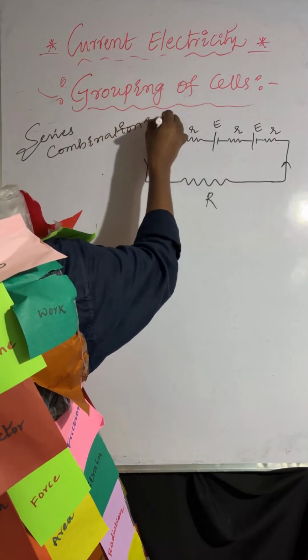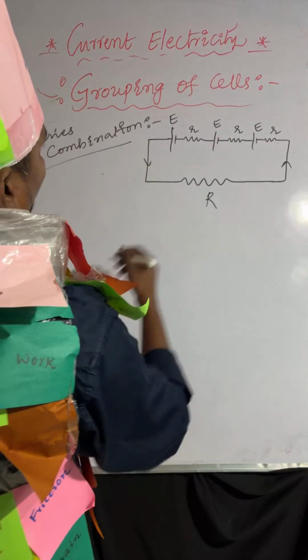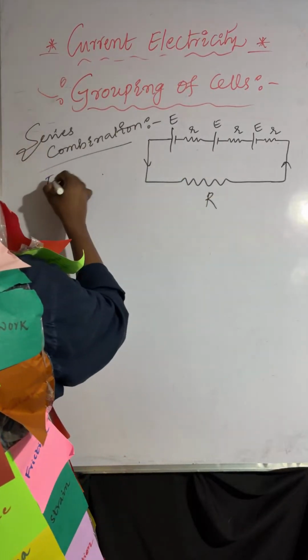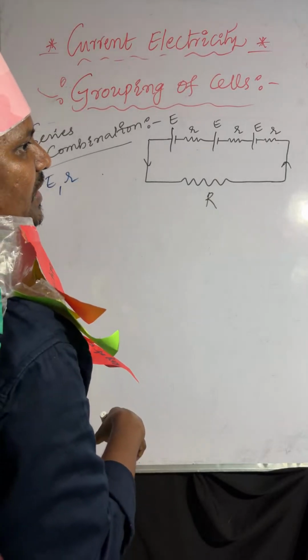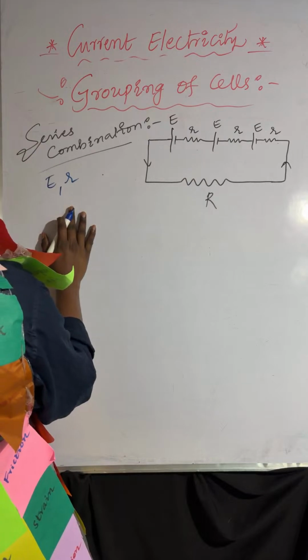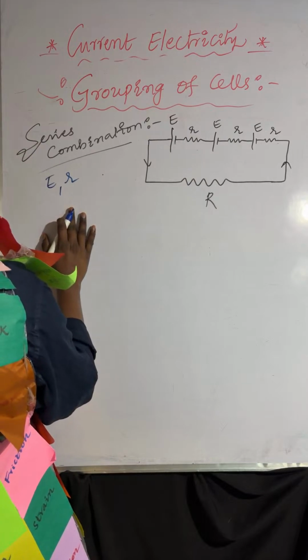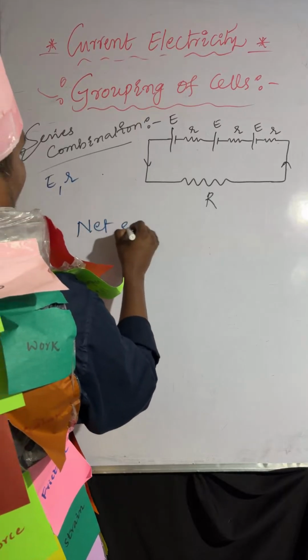Coming to series combination, now you can observe. E and R of each cell is common, right? Now you can take here net EMF.